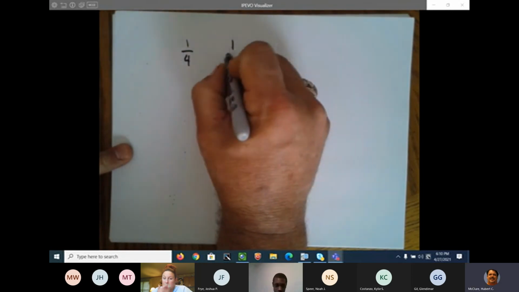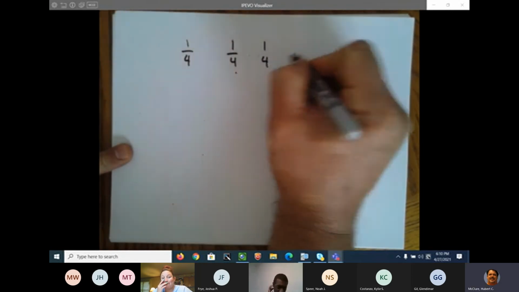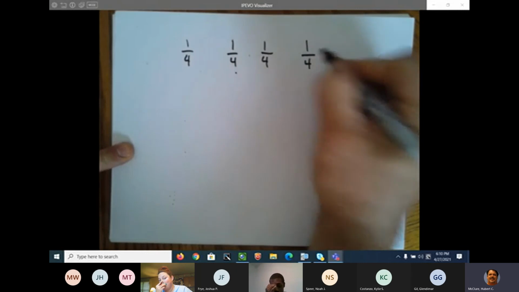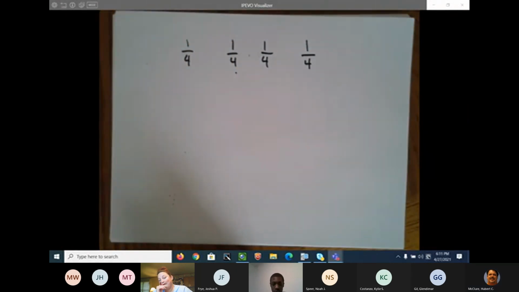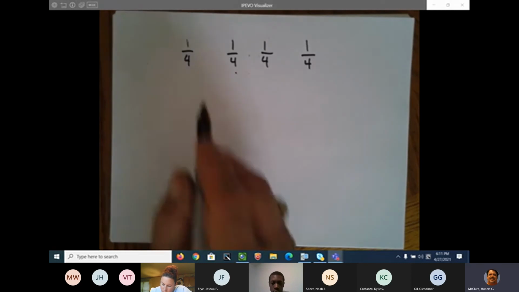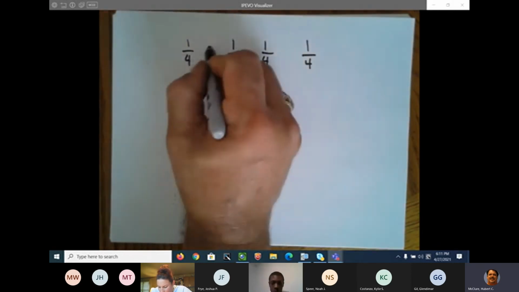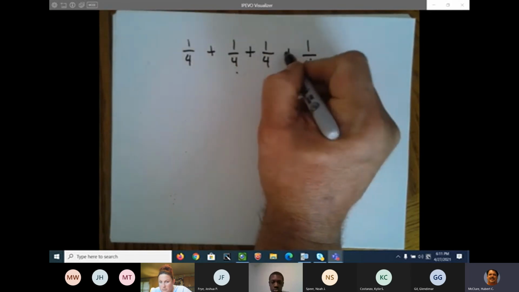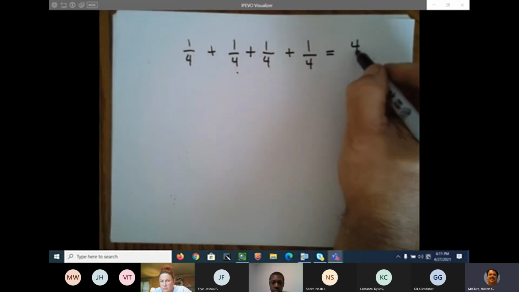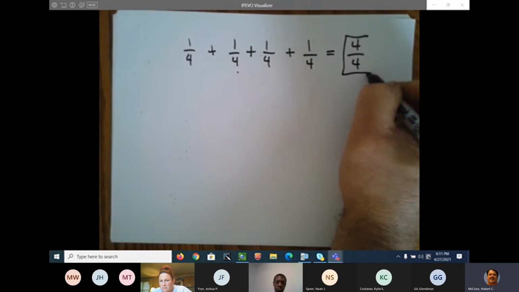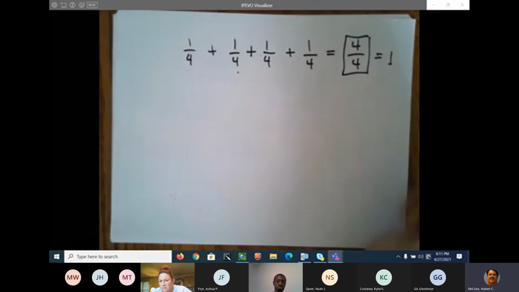1/4, 1/4, 1/4, and 1/4. Is that probability? Yes. Why? They all equal a whole. What is 1/4 plus 1/4 plus 1/4 plus 1/4? 4/4. And anything over itself is equal to 1.